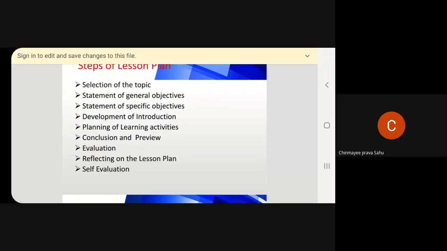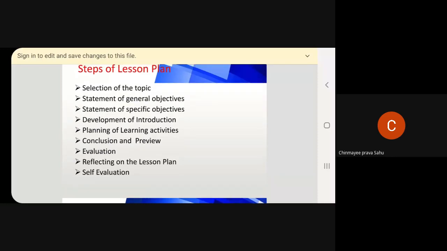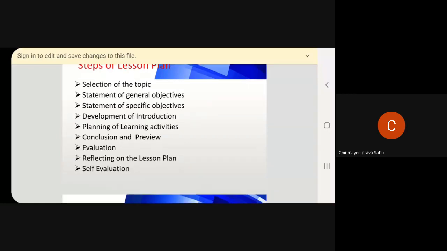So we should make use of this vocabulary at the time of writing the objective, so that our objectives will be clearer when we measure them in evaluation. Because I already told you, whatever specific objectives we take, we have to measure all of those at the time of evaluation at the end of the class.